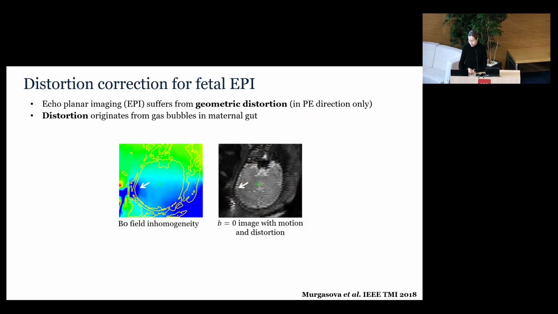In terms of the fetal brain, there are not any sources of distortion because it's all water. We get distortion where we have an air and tissue interface primarily, and the maternal gut has that. Here the bubble was very near the fetal brain, so you can see it nicely. This is the B0 field map acquired, so we can see where the distortion is coming from.